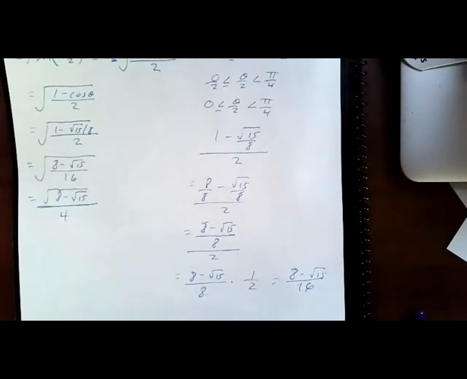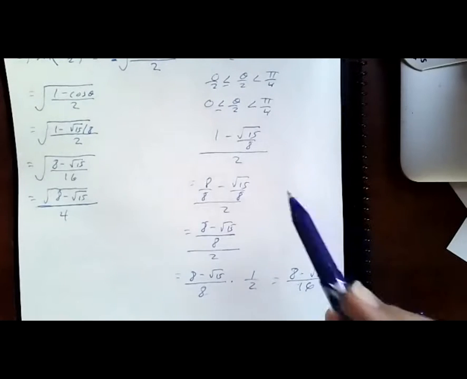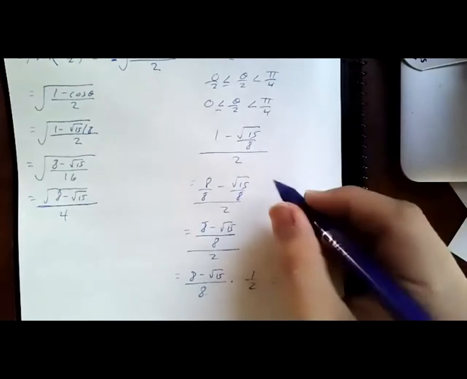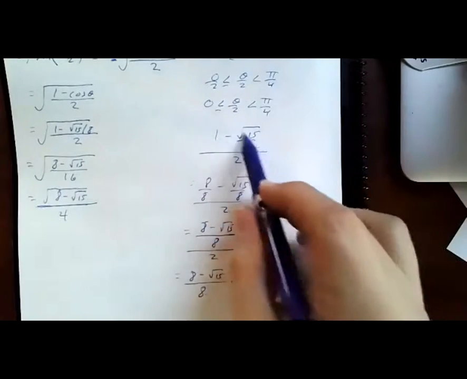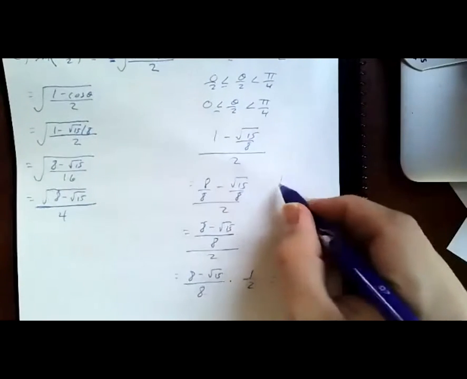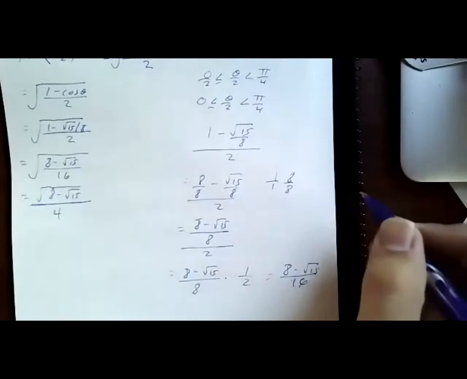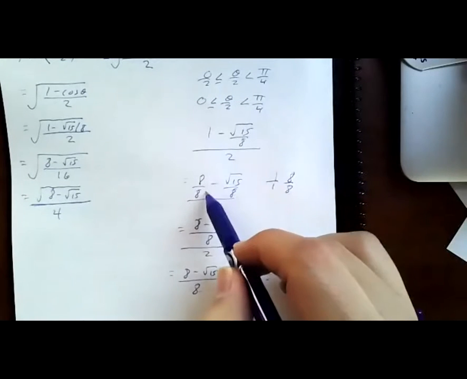And how did we get the 8 over 8 minus square root 15 over 8 over 2? This step here. Oh, so we gotta get the common denominator, right? You have to multiply 1 by 8 over 8, so you change this 1 into this.